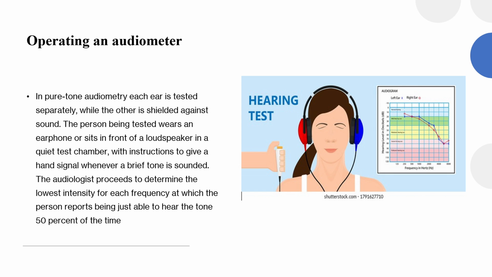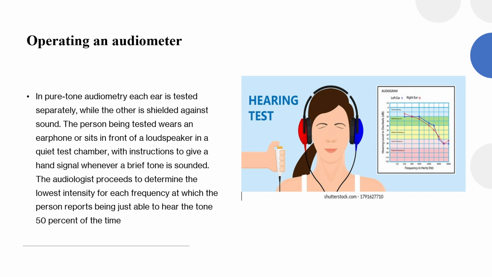The person being tested wears an earphone or sits in front of a loudspeaker in a quiet test chamber, with instruction to give a hand signal whenever a brief tone is sounded.